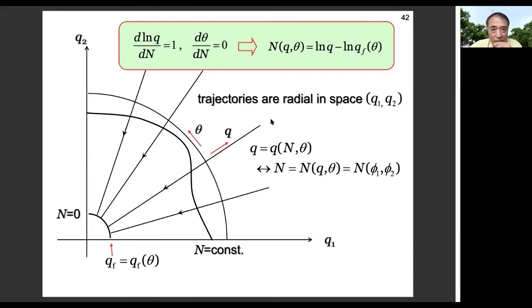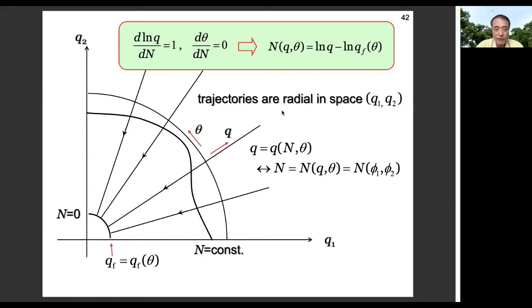But if for some reason you have a final condition for the end of inflation, for example determined in two-dimensional space by some line or curve given by some function of theta, then you will have this theta dependence at the end.